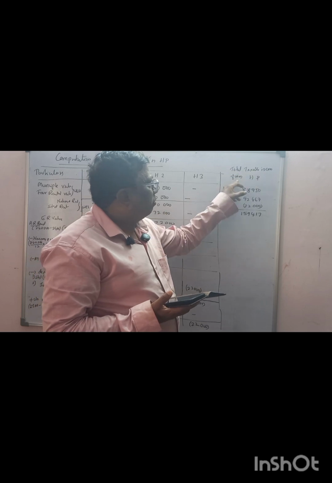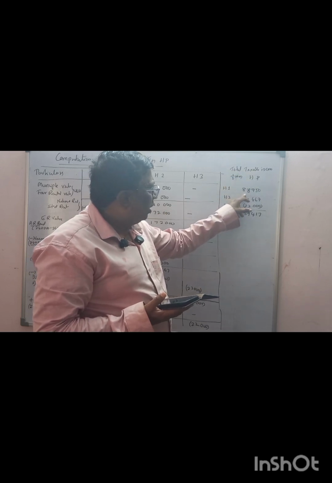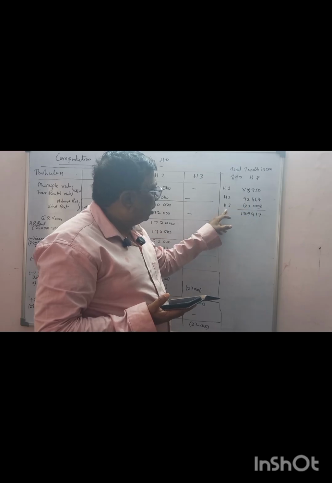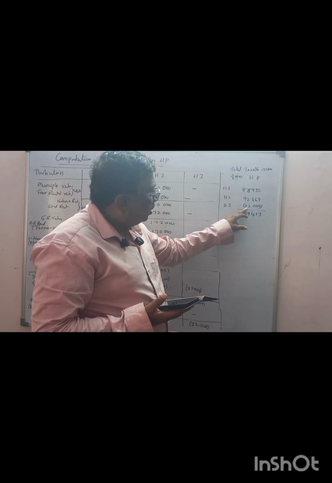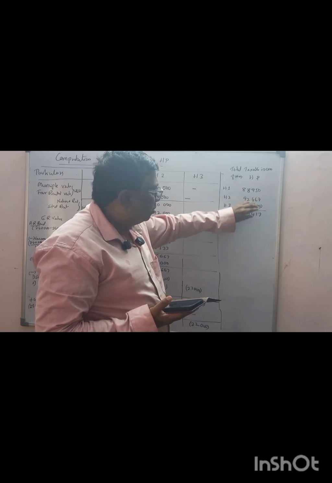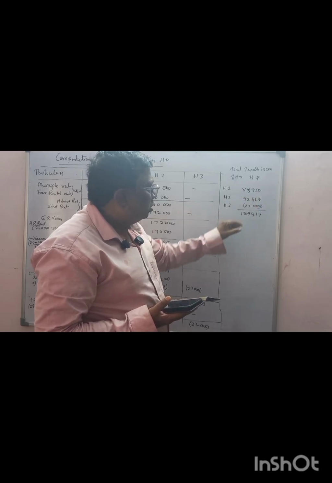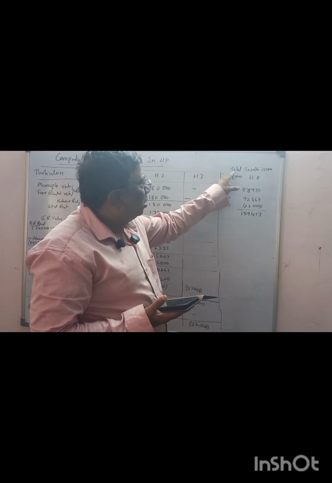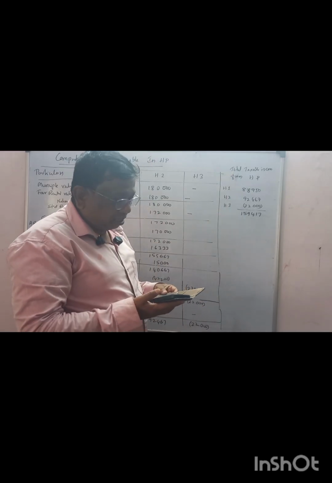Total taxable income from house property: house number 1, 88,950; house number 2, 92,467; house 3, 22,000 minus, because of interest paid. This is only expenditure, the interest only for construction of the house. So together, 1,59,416 is the total taxable income from house property.